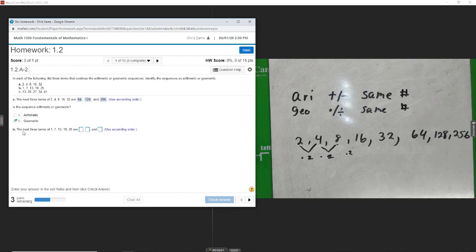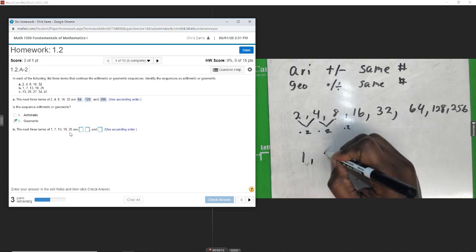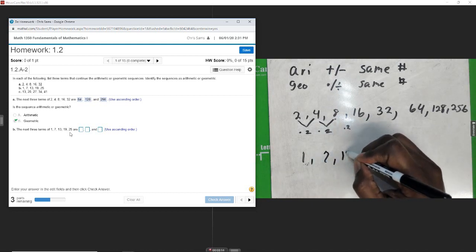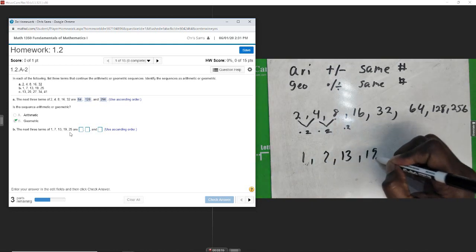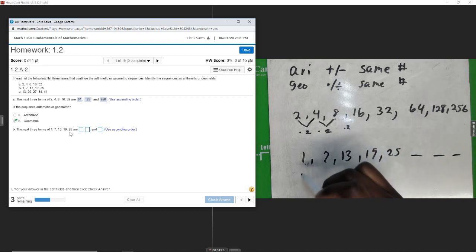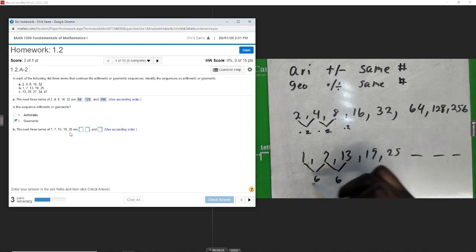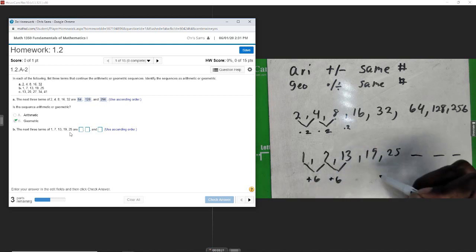All right, so B, we have 1, 7, 13, 19, etc. So I will write 1, 7, 13, 19, 25. We want the next three. So the difference between these two, it's getting bigger, I will just subtract and get 6. If I subtract these two, again we get a difference of 6. So it looks to be adding 6 every time.